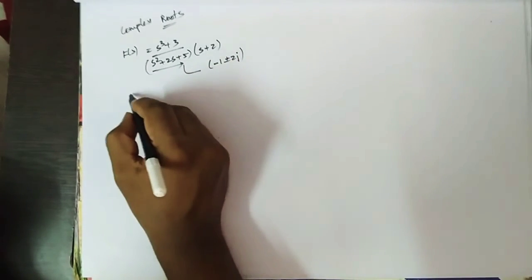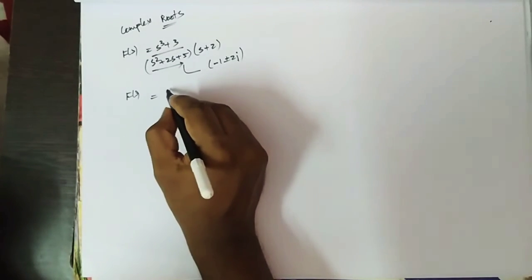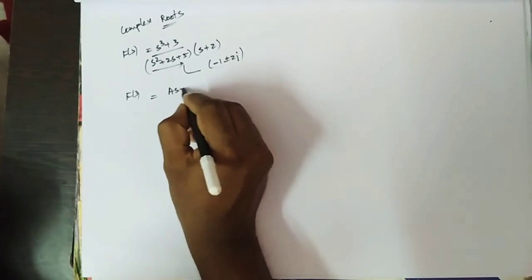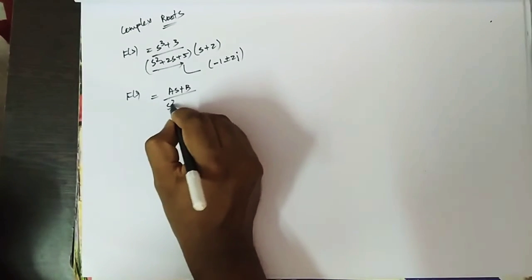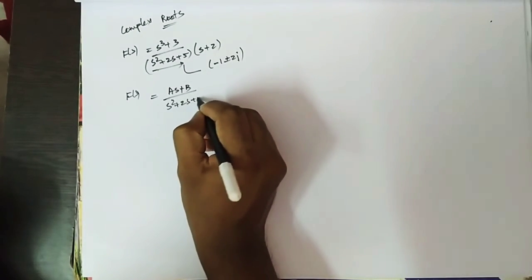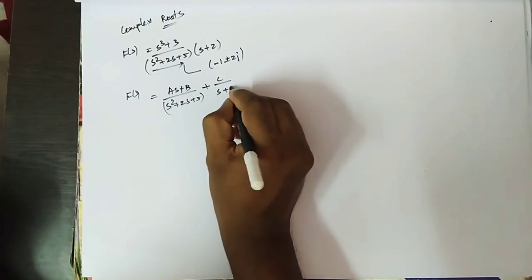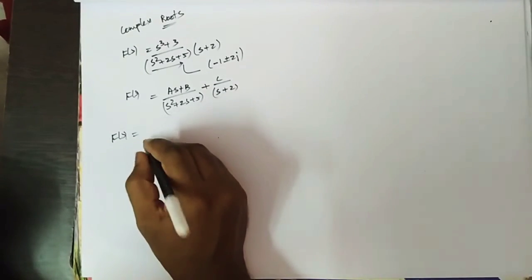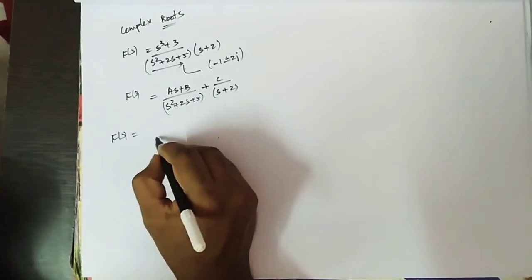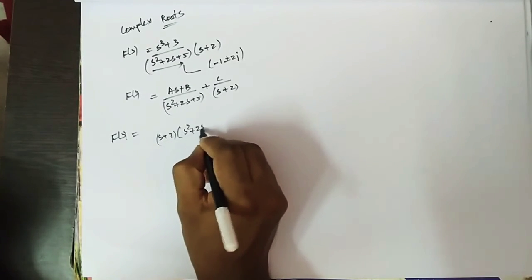So to find the inverse Laplace for this function, you separate into partial fractions as (as plus b) by (s squared plus 2s plus 5) and c by (s plus 2). Take the LCM of these two, (s plus 2) into (s squared plus 2s plus 5).